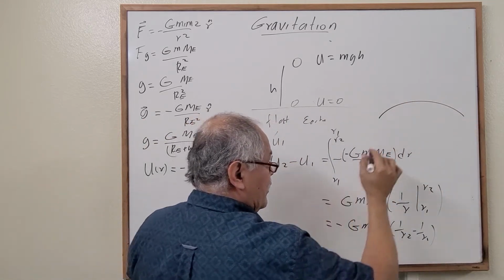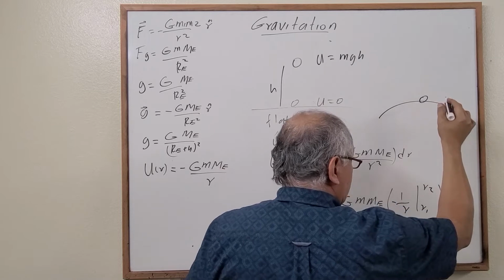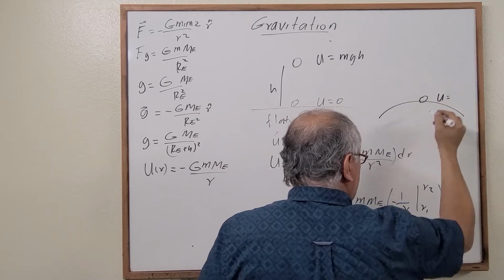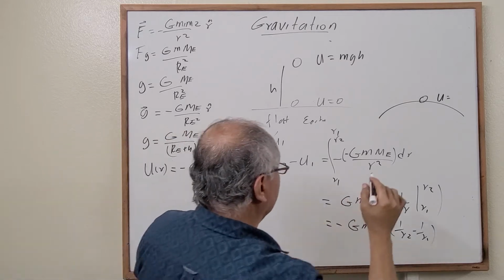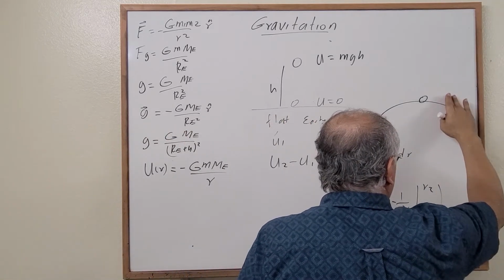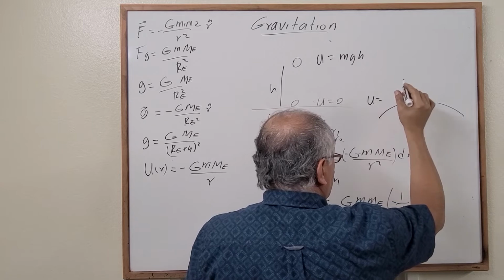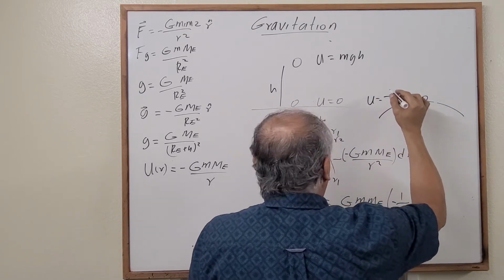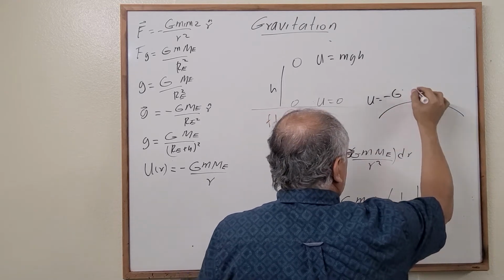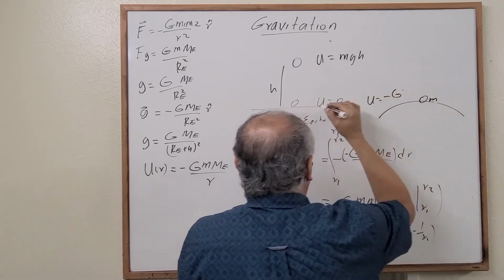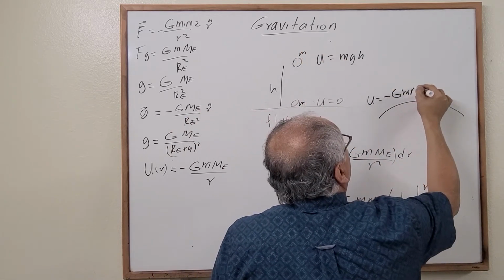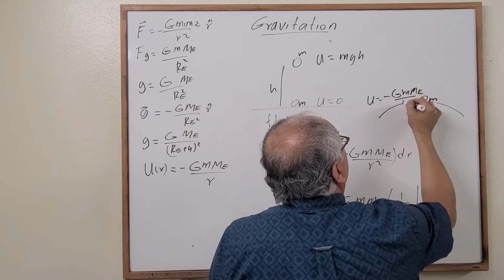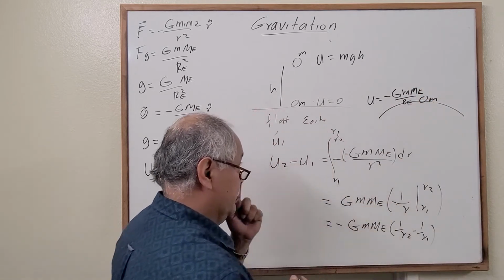For the Earth, right here now at the surface of the Earth, potential energy is equal to, now this takes the value of the radius of the Earth. This is gonna be negative. Potential energy equals negative G, M, the mass of the Earth, divided by the radius of the Earth.